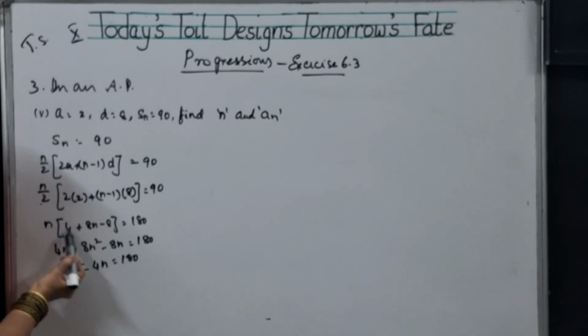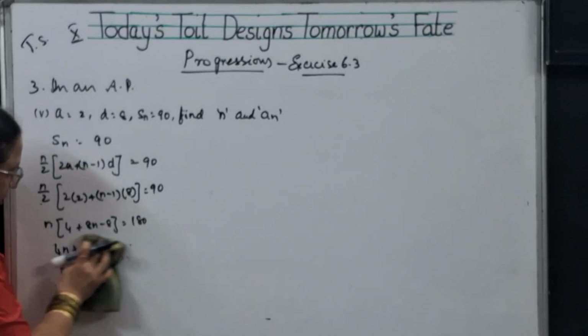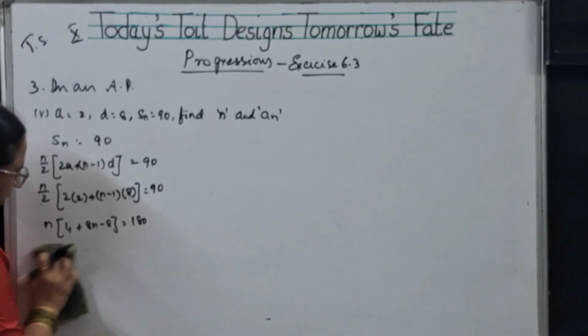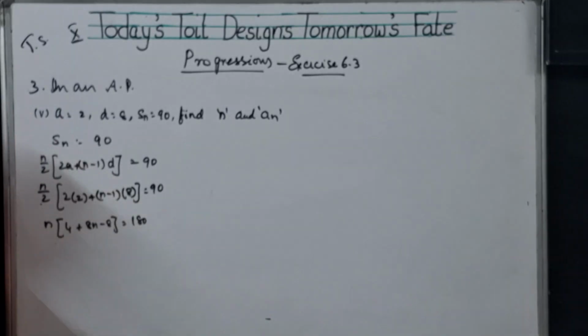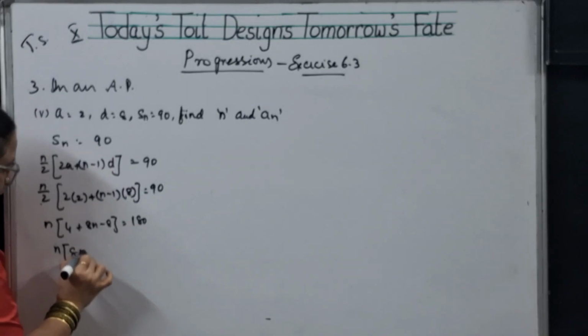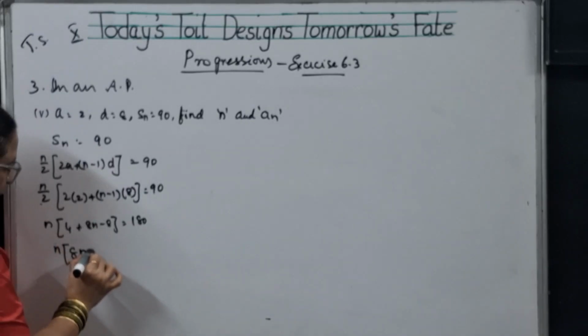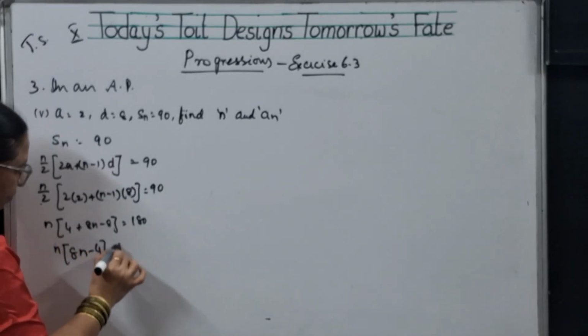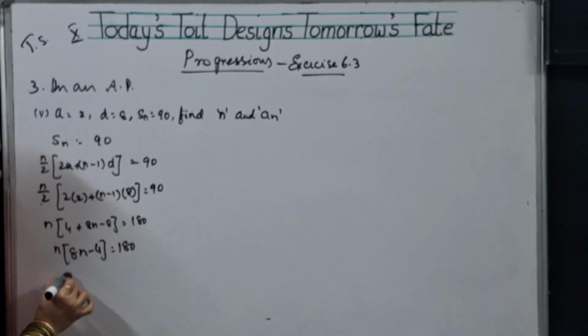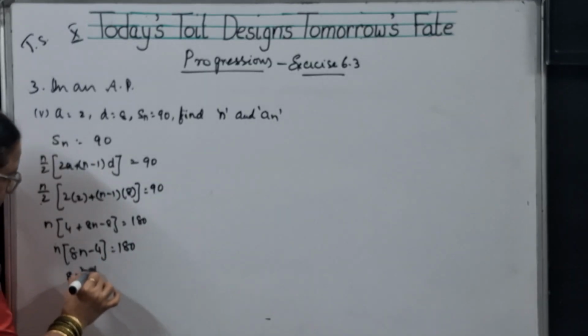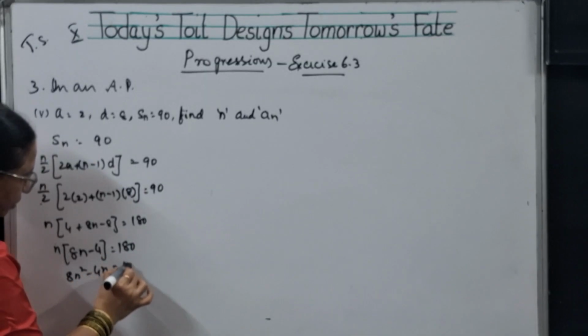I can write minus 4 directly, otherwise I'll do it like that only, which will be easy for you to understand. So this is n into 8n minus 8 plus 4, that is minus 4, is equal to 180. That means 8n square minus 4n is equal to 180.